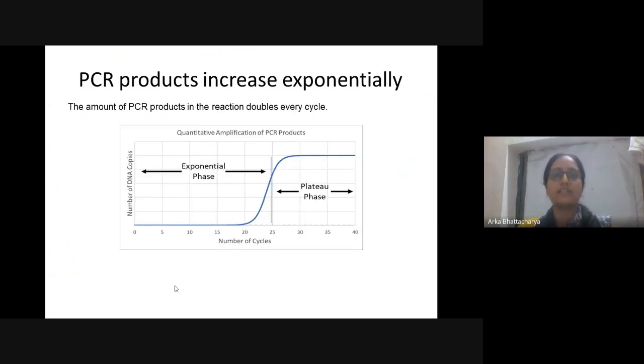So in this reaction, what we can see from the graph is an exponential phase as well as a plateau phase. In the exponential phase, with the number of cycles, our PCR products get amplified, and at the plateau phase, this gets saturated.